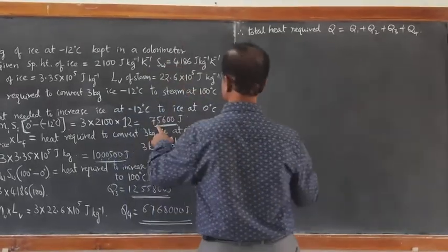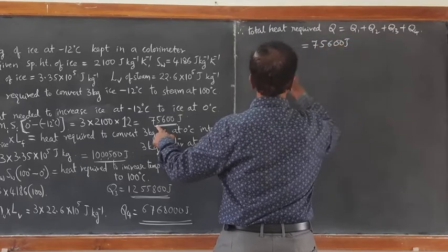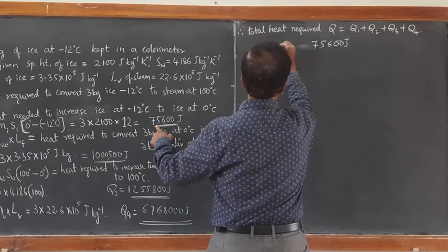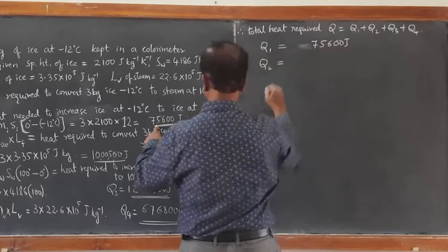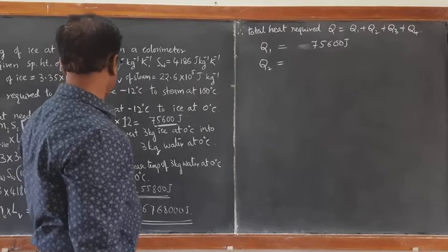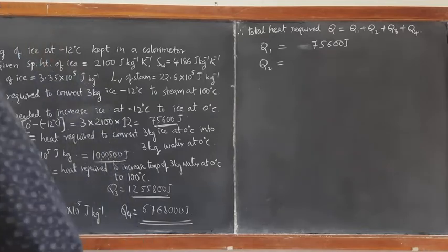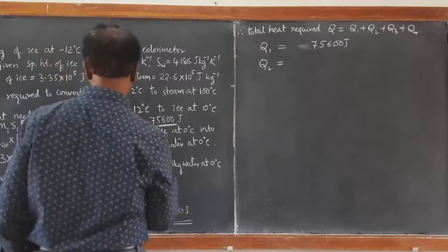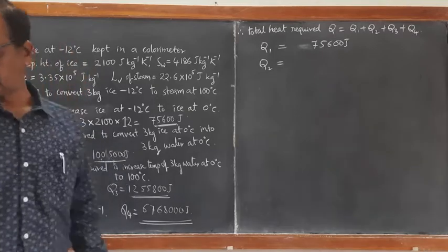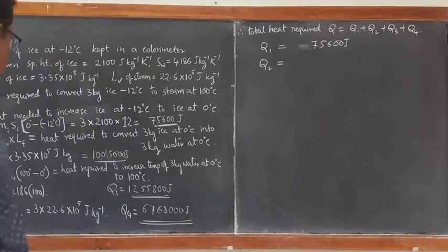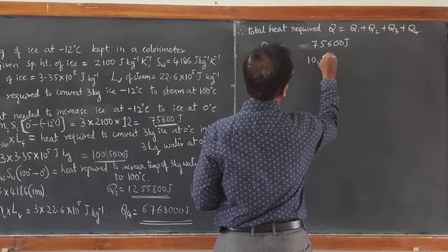Q1 is 75,600 joule. This is Q1, 75,600 joule. Q2 is 10 lakh 5,000 joules.